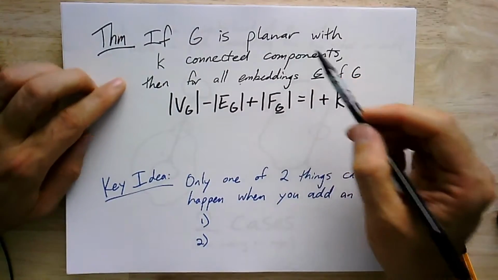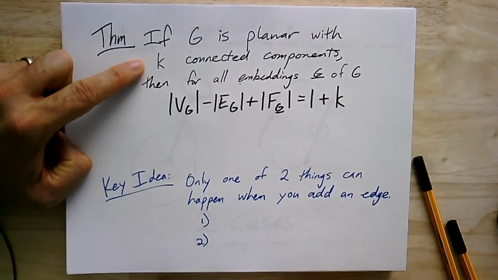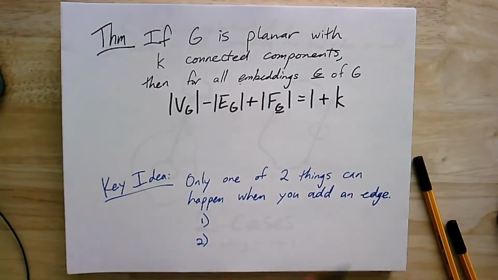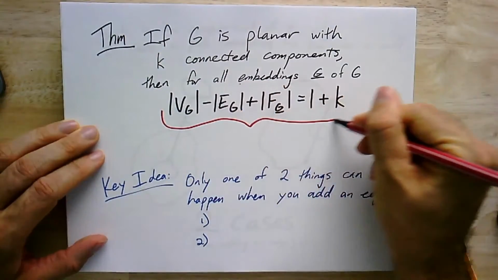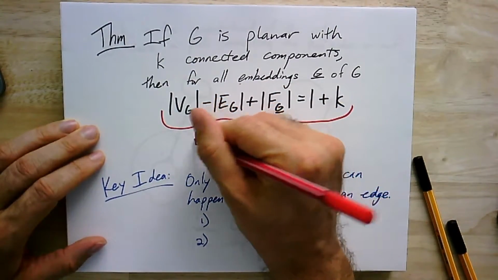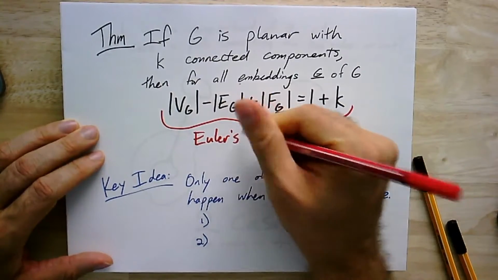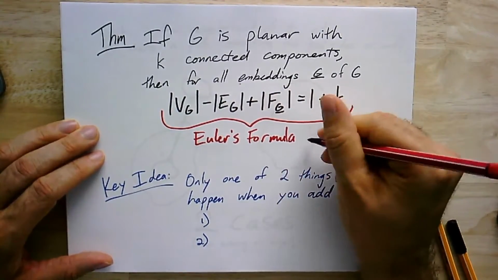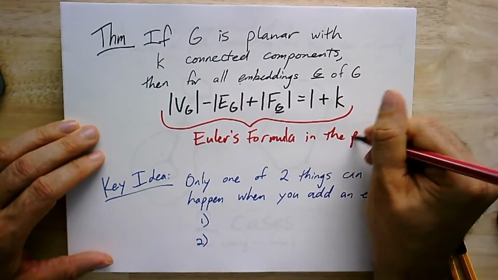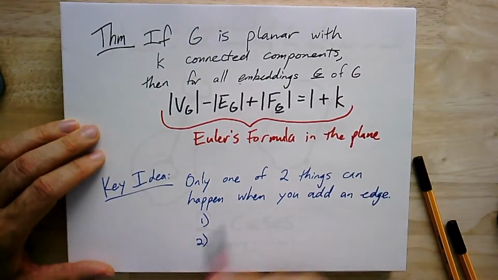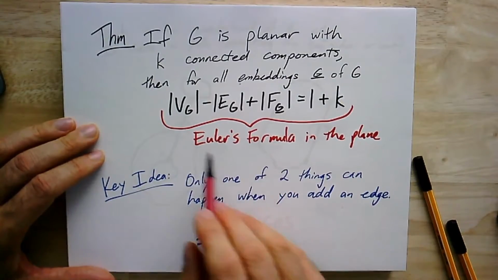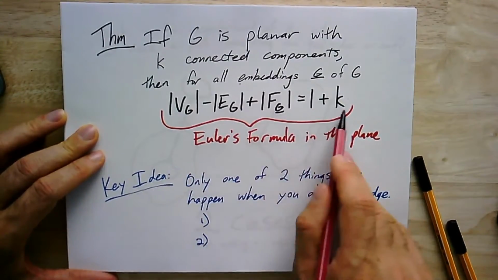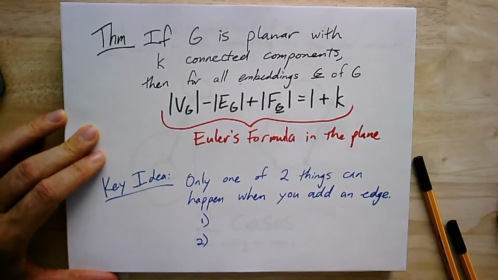So this is for any planar graph with k connected components. This right here, this is Euler's formula in the plane. If you have other kinds of spaces that you're trying to embed your graphs in, you actually can end up with something different here on the right-hand side.